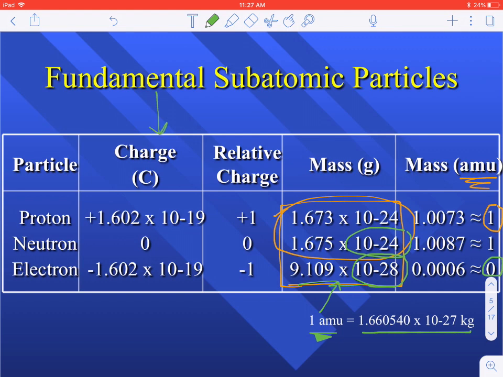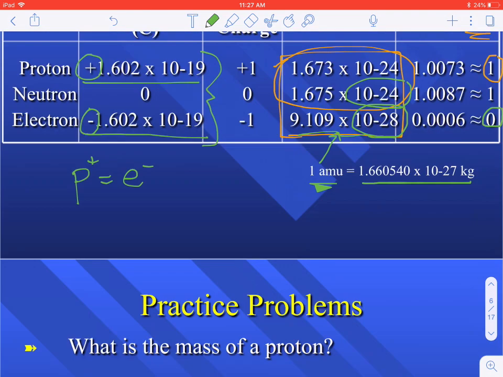And what's cool is that you'll notice that the charge of a proton and the charge of an electron are equal, but their signs are opposite. Electrons are negative and protons are positive. If you have equal numbers of positive protons and negative electrons and they have the same charge, just opposite, as we see here, that means that the overall atom is neutral.